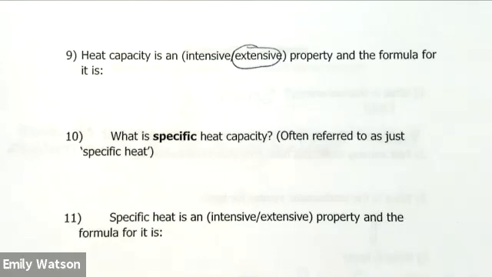Yes, it depends on how much is present, right? If you have 1 droplet of water versus an entire pot of water that you're trying to boil, that little droplet's going to boil a lot faster, right? So what's the formula for heat capacity?